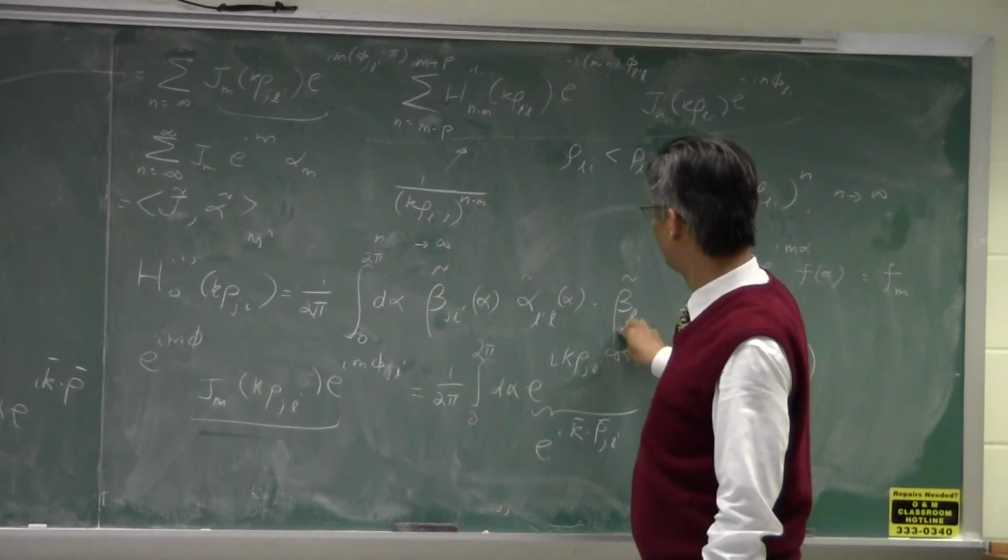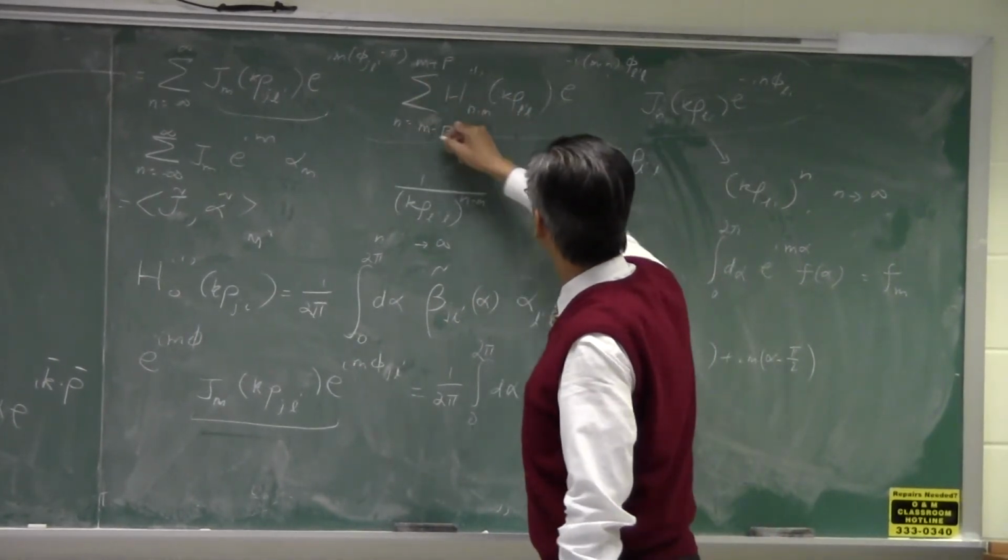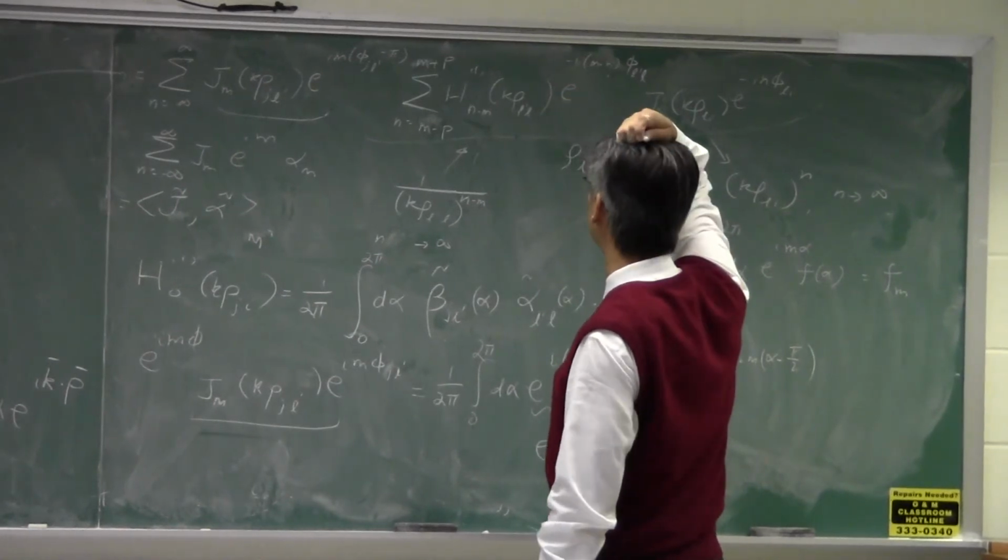Similarly, this one also has a closed form. So both of these have a closed form. But this matrix operation in the center has no closed form.